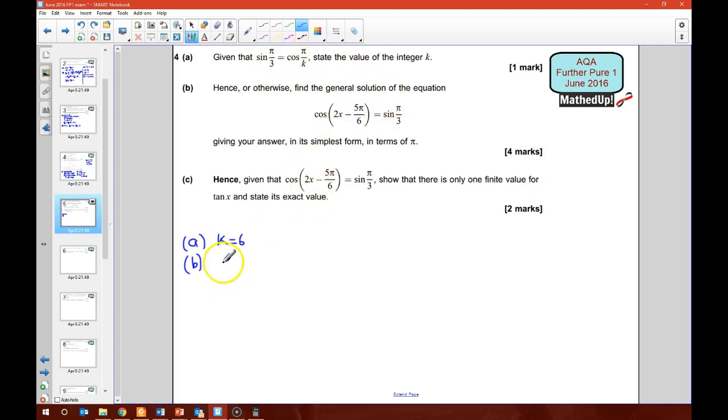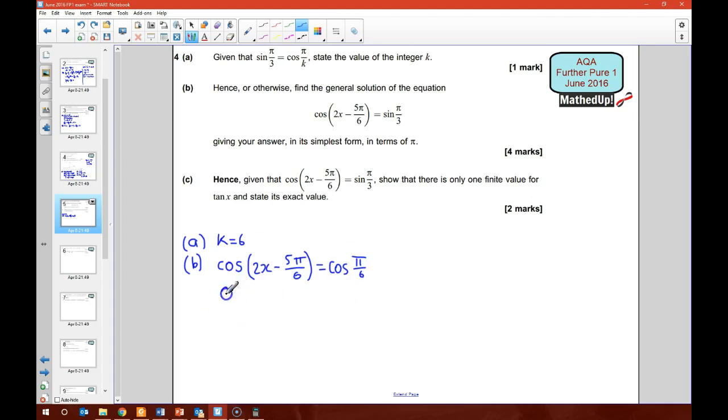So I can rewrite this equation as the cosine of 2x take away 5 pi over 6 is equal to, and instead of saying the sine of pi over 3, I can say the cosine of pi over 6. So that means that this here must be equal to the general solution of this here.